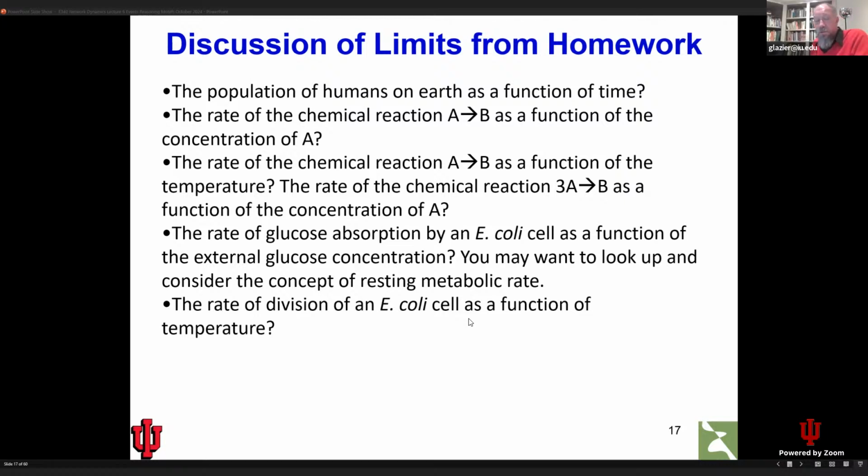Yeah. So one thing that could happen is it saturates and reaches a steady state. Another thing is that it overshoots the carrying capacity and then comes down again. And it could oscillate. Or you could overshoot so much that you run out of resources and you go extinct.